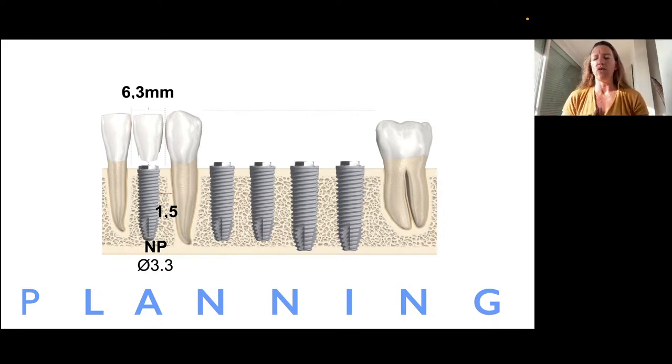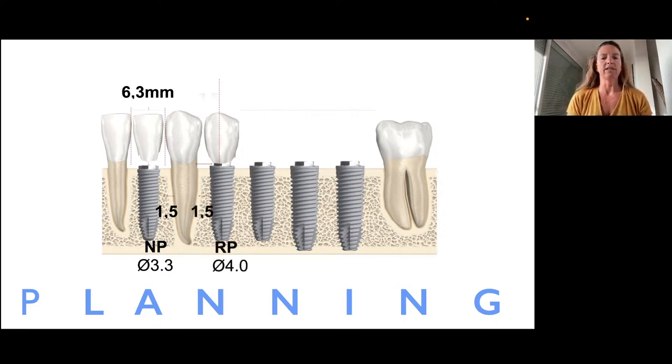Then we move and we start to think, okay, now I want to place a premolar, the first premolar. The premolar is adjacent to the canine. So again, I have to have at least 1.5 millimeters between my implant and the root of the canine. And imagine that I want to place an RP platform implant, in this case a 4.0.